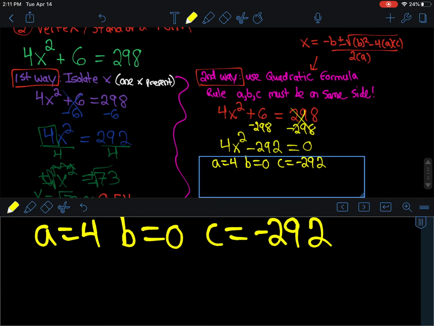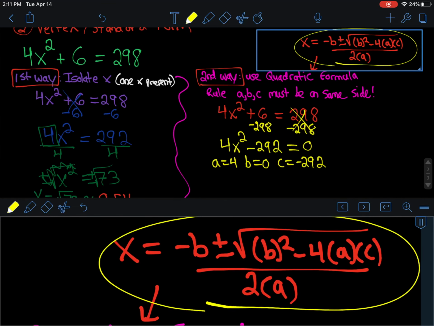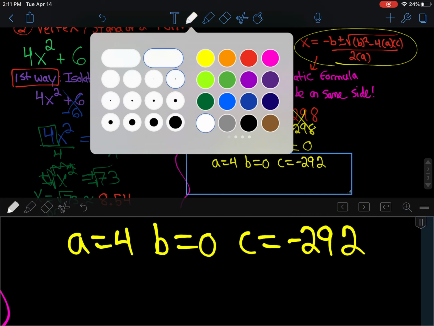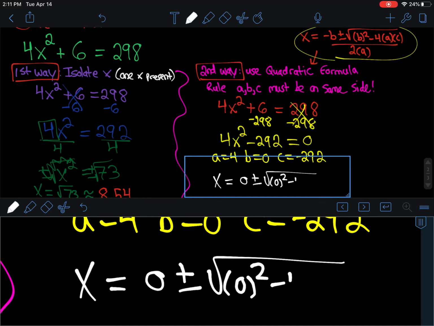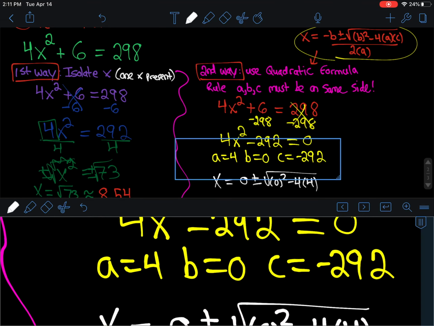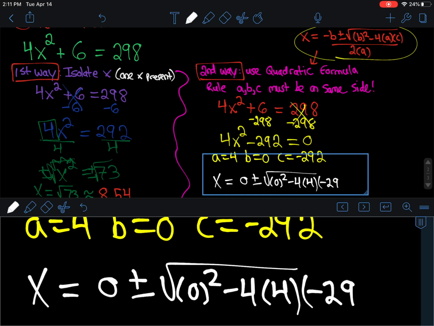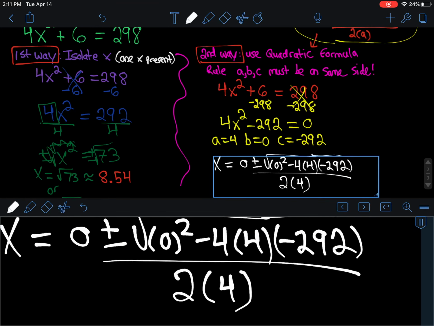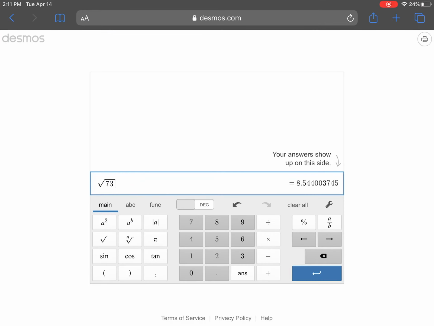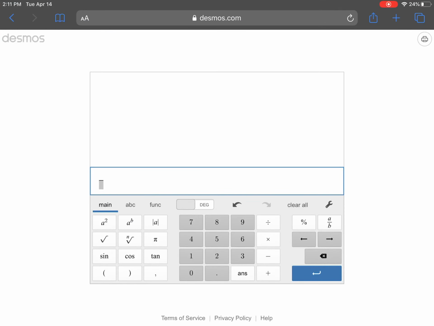Then you can plug it into the quadratic formula. It'd be x equals 0 plus or minus the square root of 0 squared minus 4 times 4 times negative 292, all over 2 times 4. Go to decimals.com, plug it in your calculator. Again, I have to hit the fraction bar first.